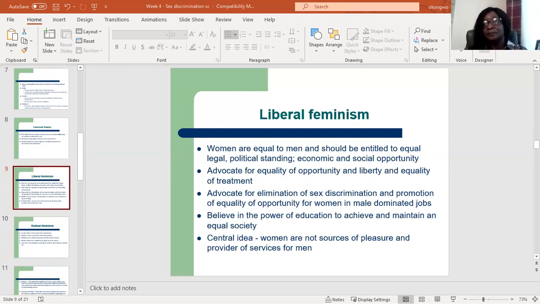Liberal feminism believes that women are equal to men and should be entitled to equal legal and political standing, as well as economic and social opportunities.